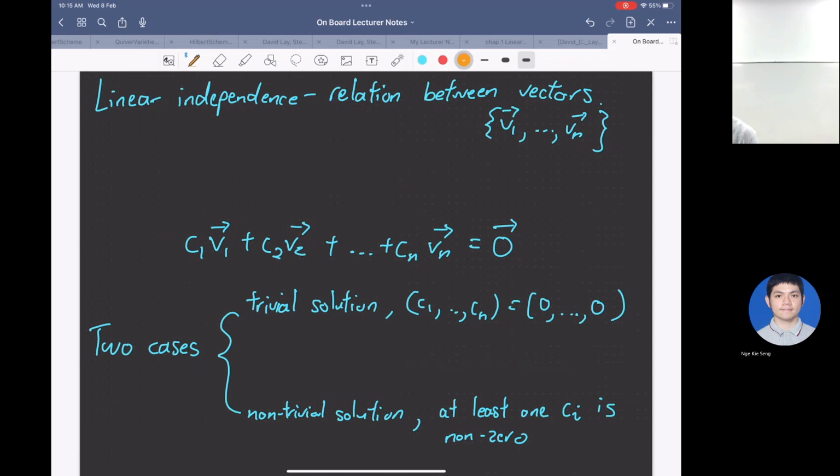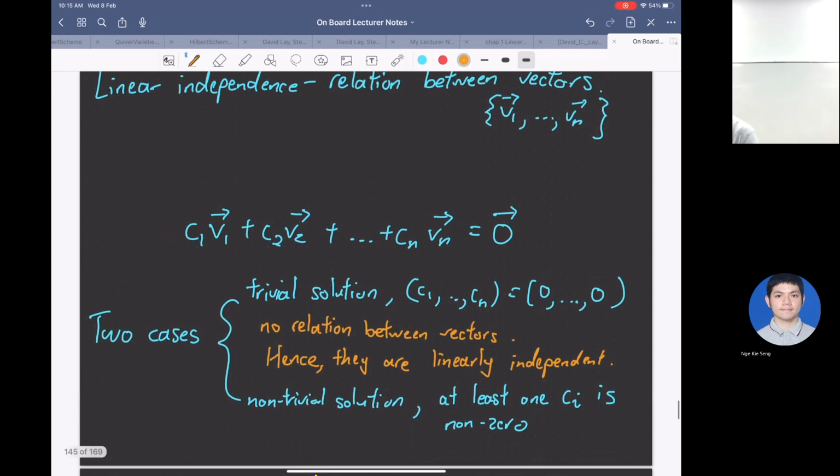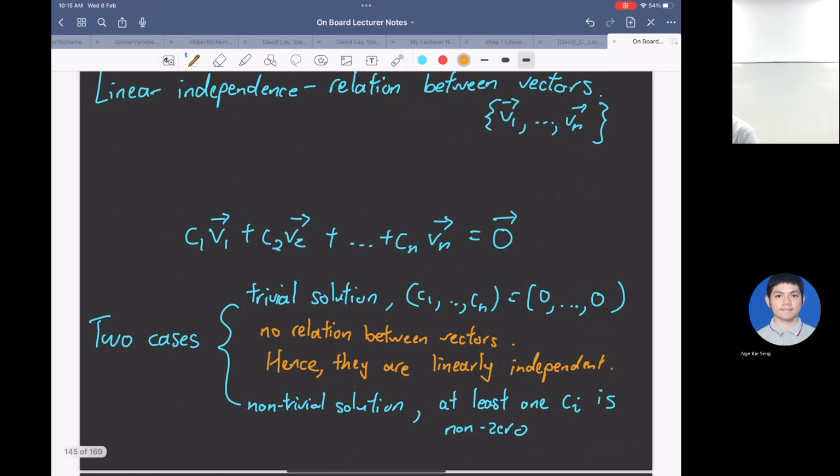If it is trivial, then there's no relation between the vectors. Hence, they are linearly independent. If there's a non-trivial solution, then there is a relation between the vectors.